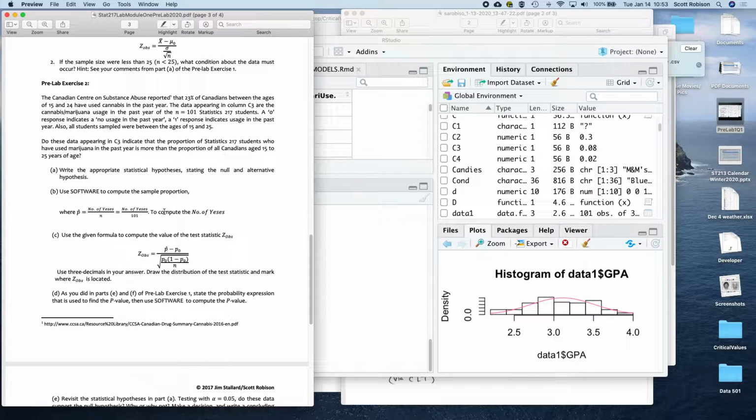Okay, so when we're trying to investigate that, if somebody wanted to ask the question, does the data indicate that the proportion of students who have tried marijuana in the past year is more than what it has been? And here, what it has been, I guess, is 23%.